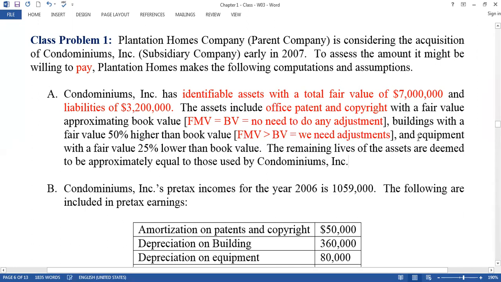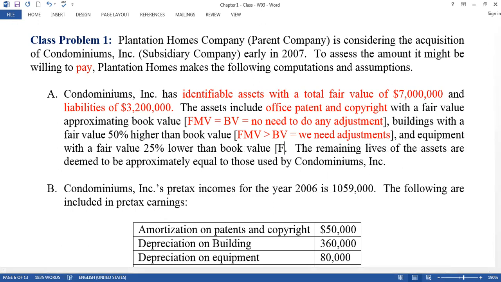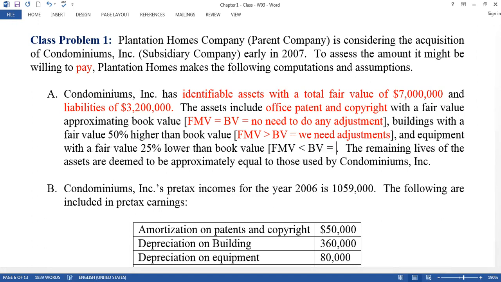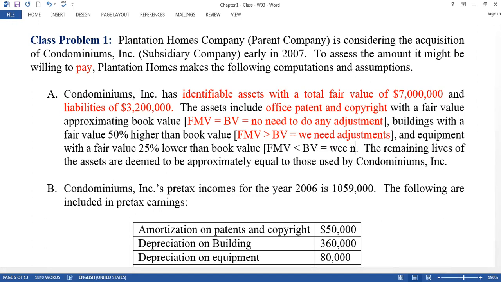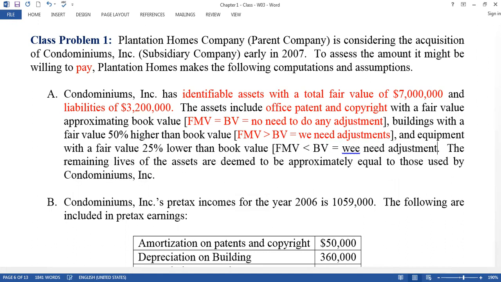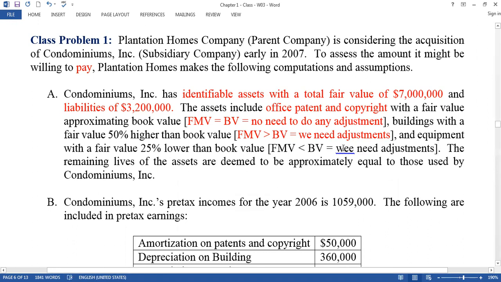Then we have another piece of information about equipment. Equipment with a fair value 25% lower than the book value. So again, we find that the fair market value is lower than the book value. We need adjustment.